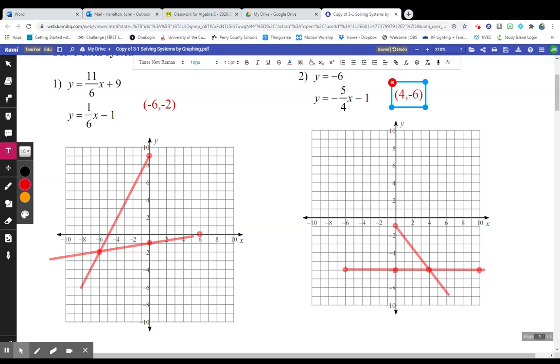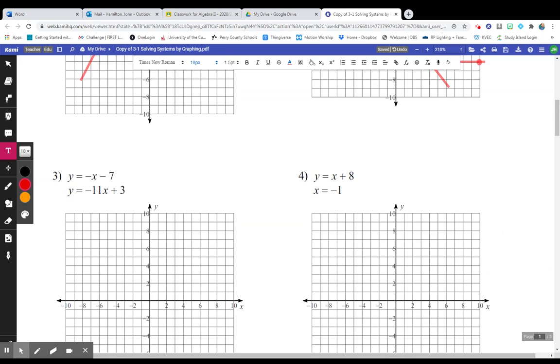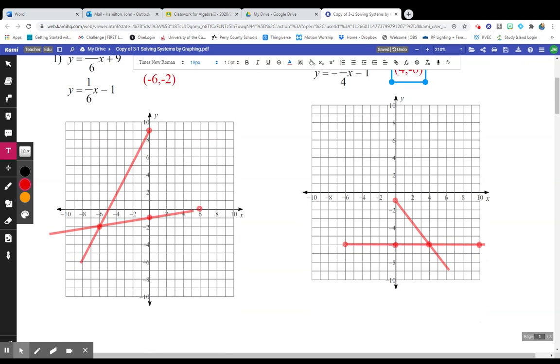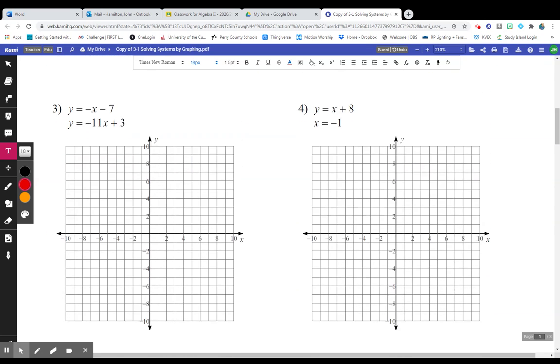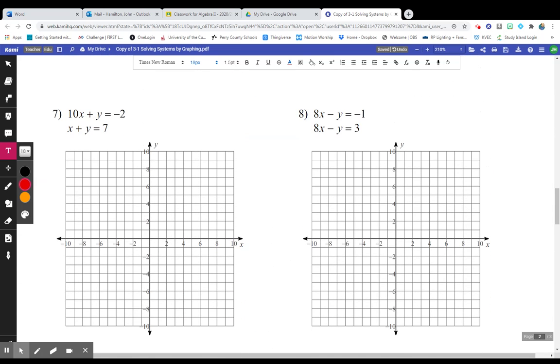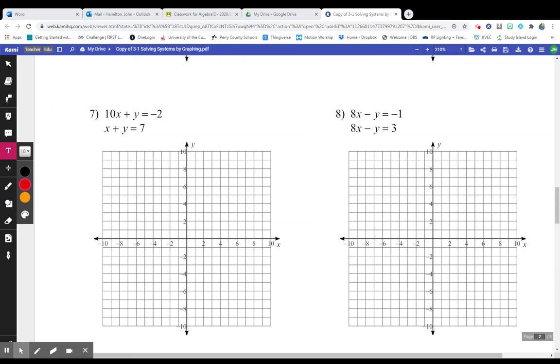Okay, so now let's take a look at one more, because again, those that have the y equals slope-intercept form are really conducive to doing graphing. I want to show you one that's not very conducive to doing graphing at all. Look at number 7. Sorry, we did not need that.